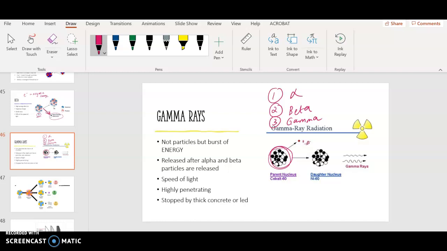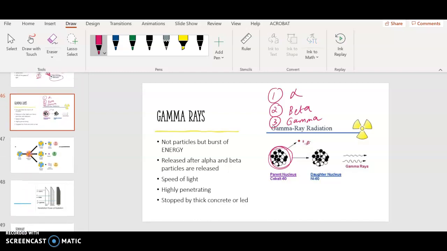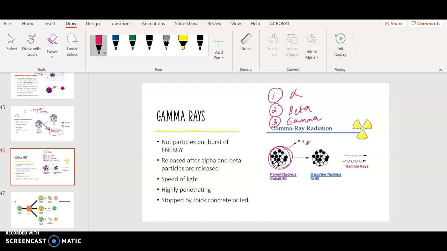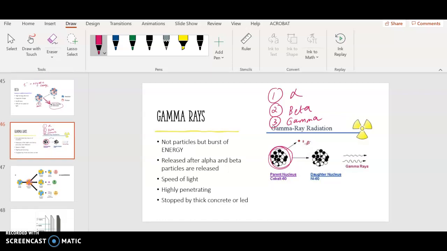This is at the speed of light. It is highly penetrating, so it can go through a lot of layers, which I'll go through in a second. But it can be stopped by thick concrete or lead. Remember that the alpha particle could not even go through paper, while gamma rays can, but when they come across concrete or lead, they will be stopped.